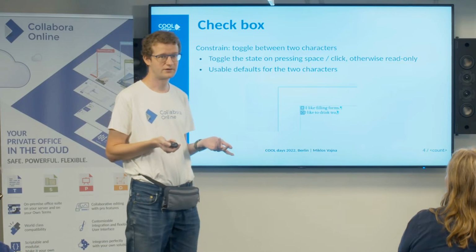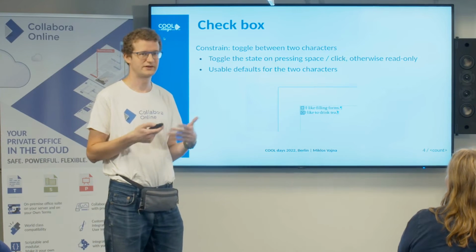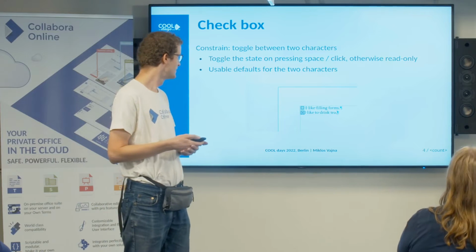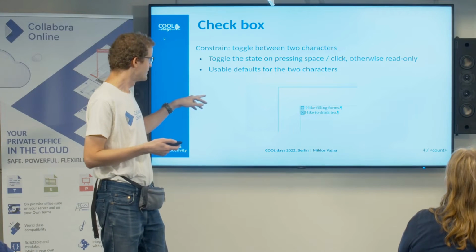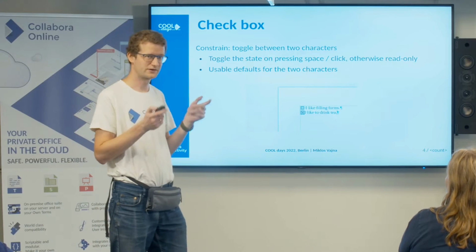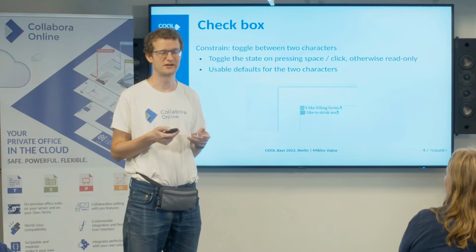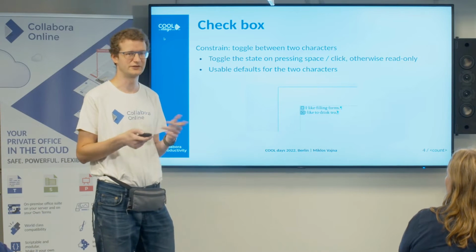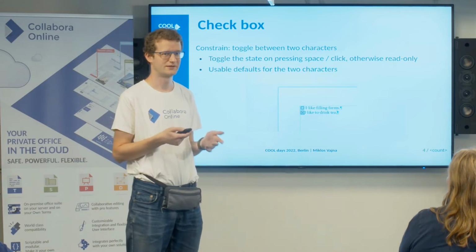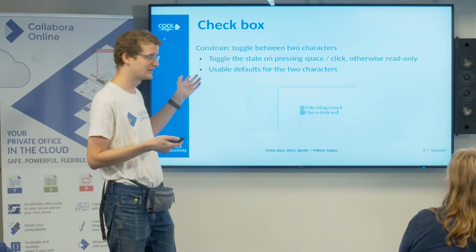Rich text is implicitly the default type: if you don't specify any type, then you get rich text. You can have a checkbox. The nice thing about a checkbox is that there are Unicode characters that look like checked or unchecked boxes, but it's very boring to Google for that and then copy paste it, so that's not nice. Now we have a button on the notebookbar.